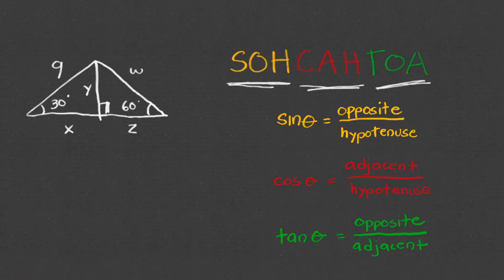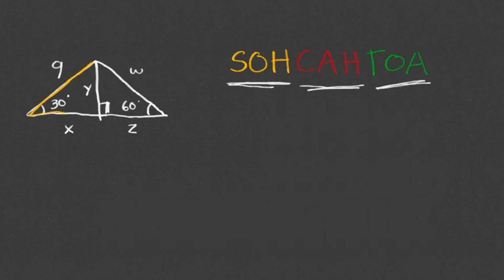So let's first solve the first triangle. Starting from x, the x is the adjacent and the 9 is the hypotenuse. So therefore, we're gonna use the CAH, which is cosine theta, which is 30, is equal to the adjacent x over the hypotenuse 9.